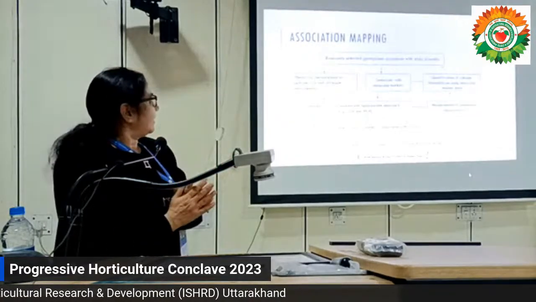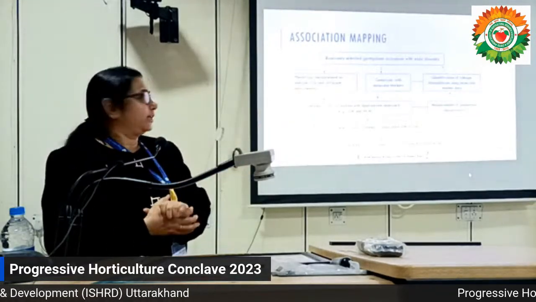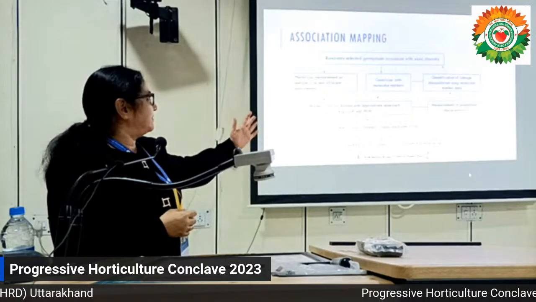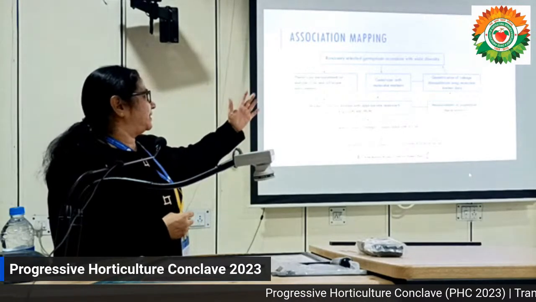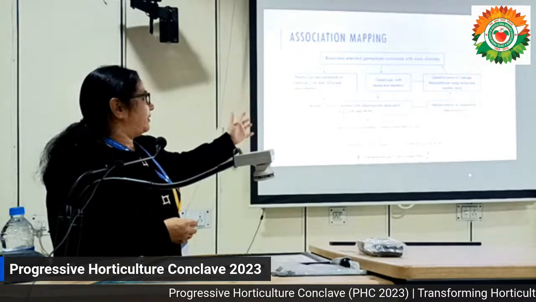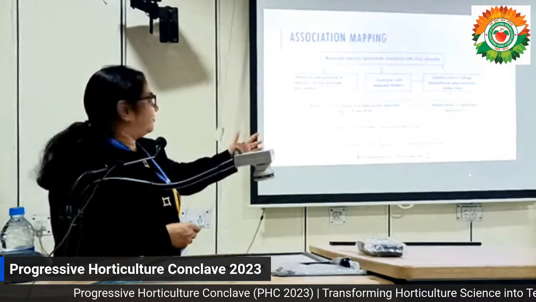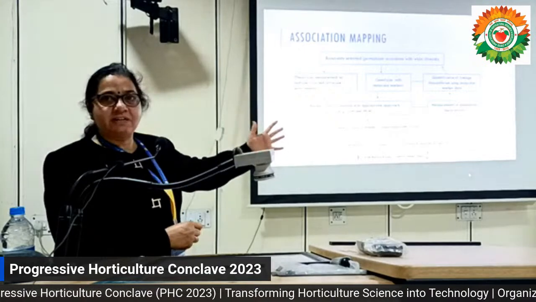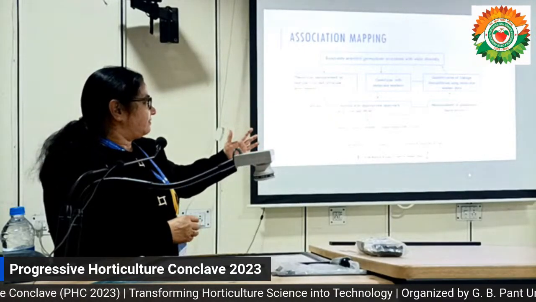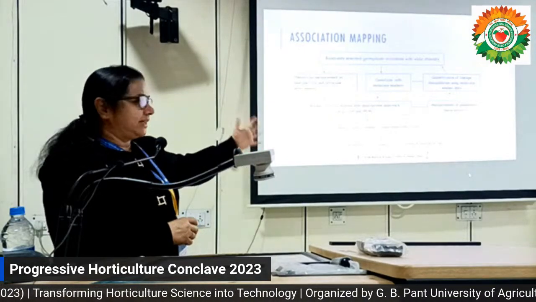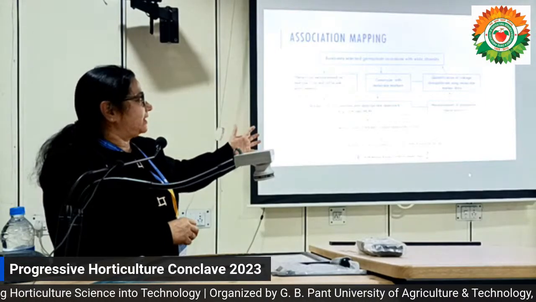So this is just a broad outline of the association mapping. We take randomly selected genotypes and genotype them. Then we do a marker-trait correlation analysis using different approaches, and then identify markers closely associated with the trait, and then we can further explore to identify the genes in that particular region.